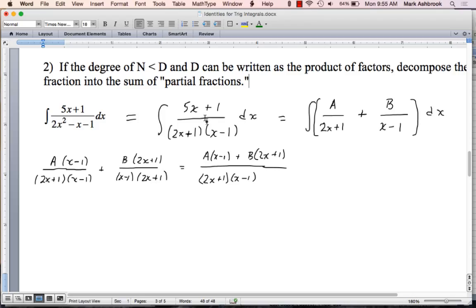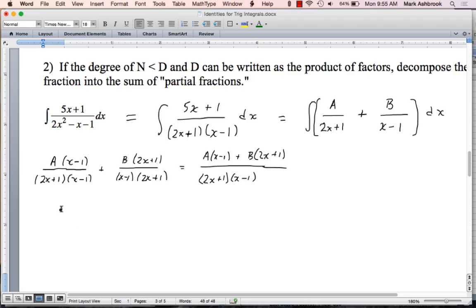So now these two things are equal, right? We're asking what constants a and b make these two fractions equal. And once we know those constants a and b, we can solve the integral with this form. The denominators are equal, so we really just have to work on the numerator. We want 5x plus 1 to equal this numerator, and we have to figure out what a and b are.